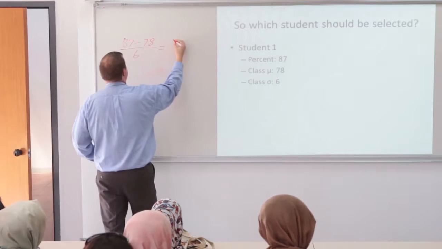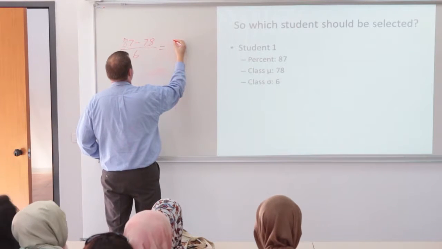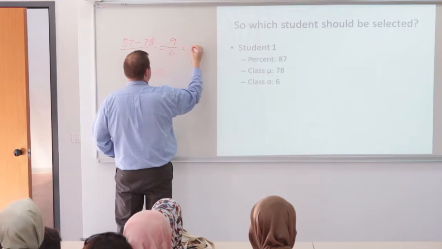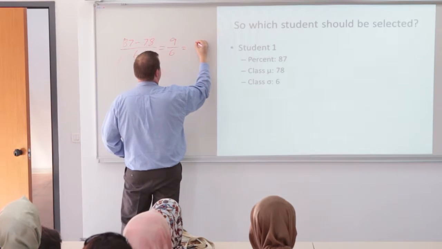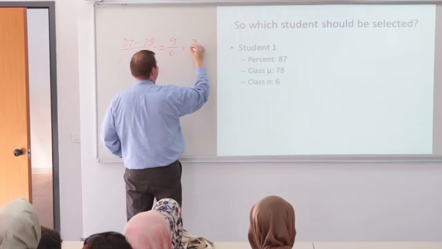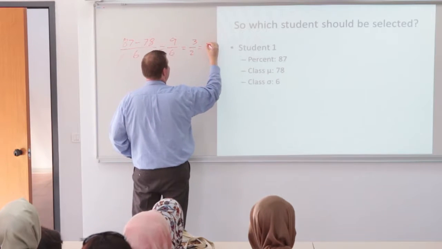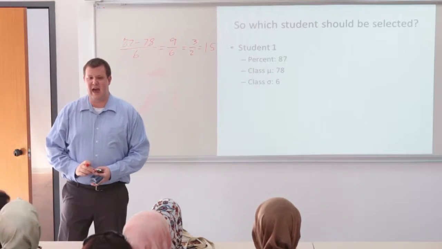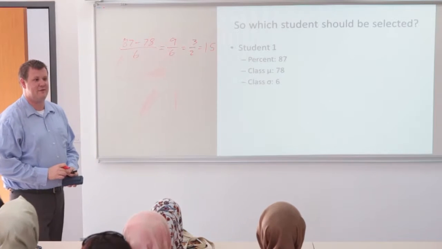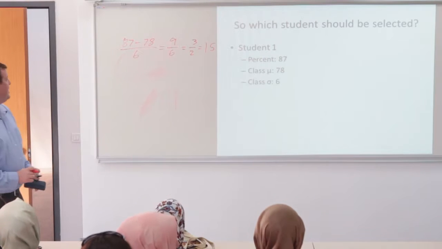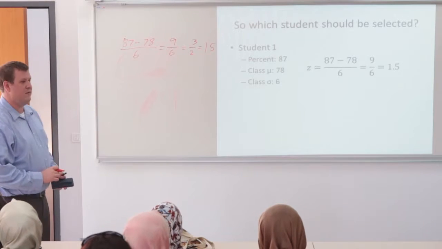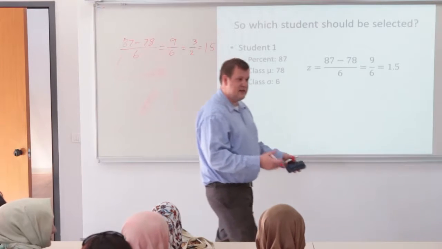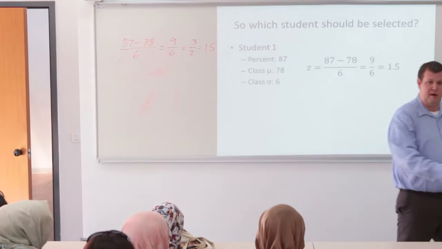So this is 9 over 6, 3 over 2, 1.5. Right? So that student has a z-score of 1.5, which means that they fell 1.5 standard deviations above the mean.